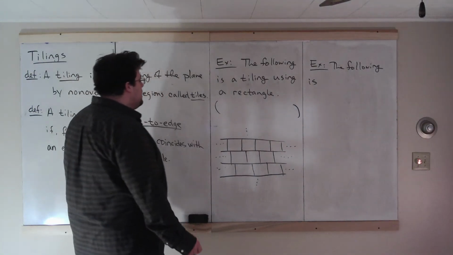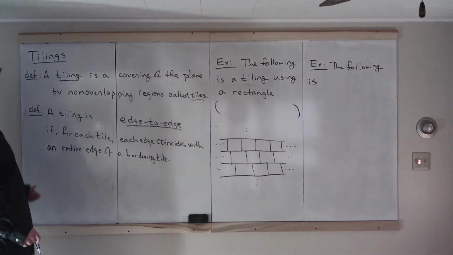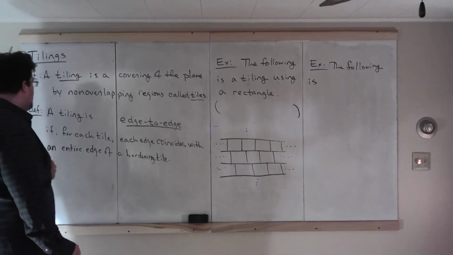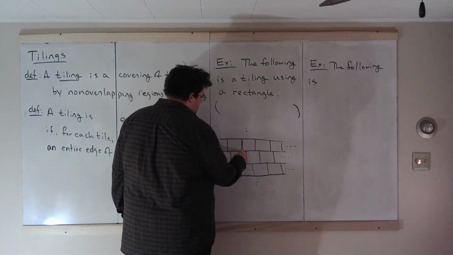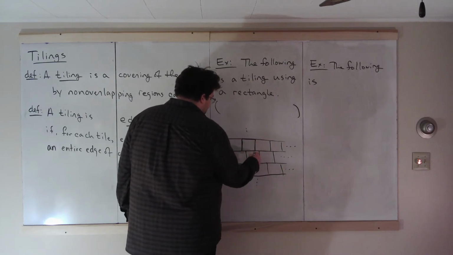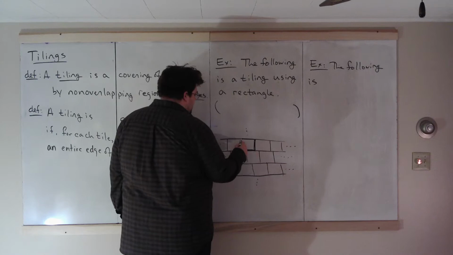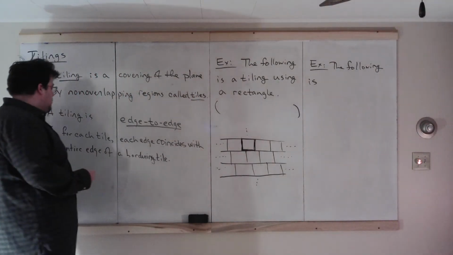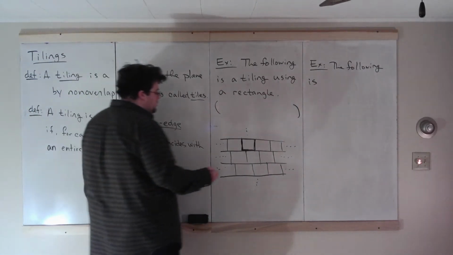But notice here, this tiling is not edge to edge, because what's the definition? For each tile, each edge coincides with an entire edge of a bordering tile. Well, take this tile up here. These two side edges, the vertical edges, do coincide with an entire edge of a bordering tile. But the top and the bottom edges don't.